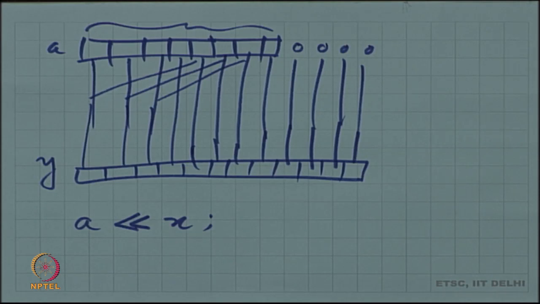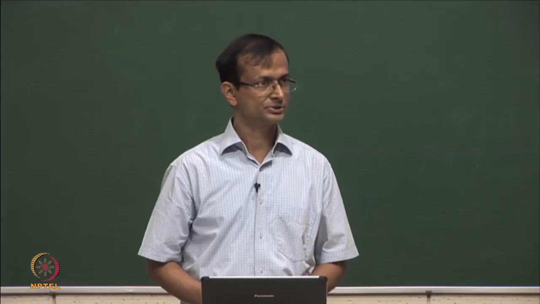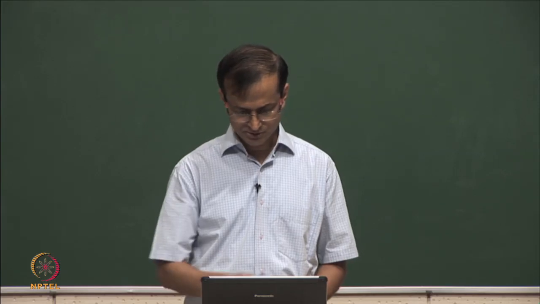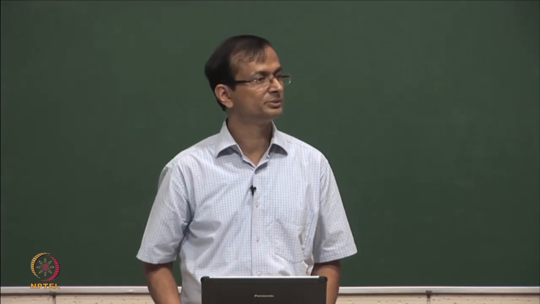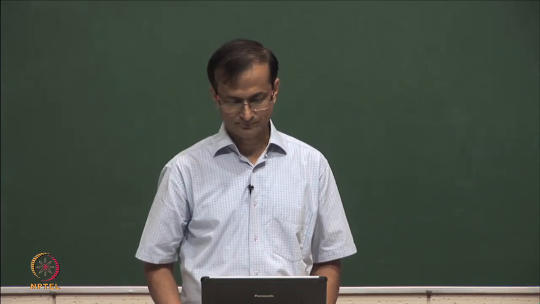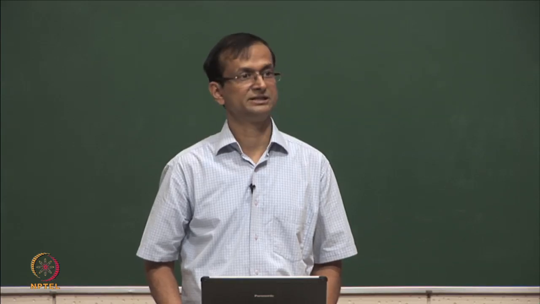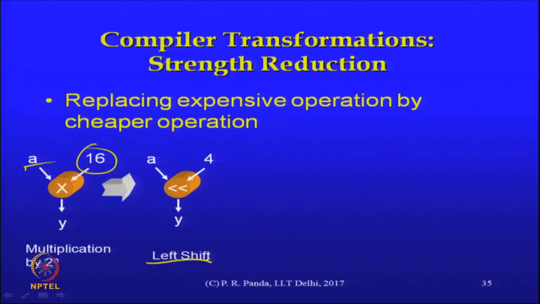So, the circuit is more complex. Since it is complex, you have to schedule that operation, and that takes some time, some area and so on. But this particular class of operations, which is just multiplication by a constant translating to shifting by a constant, the hardware required is trivially small.